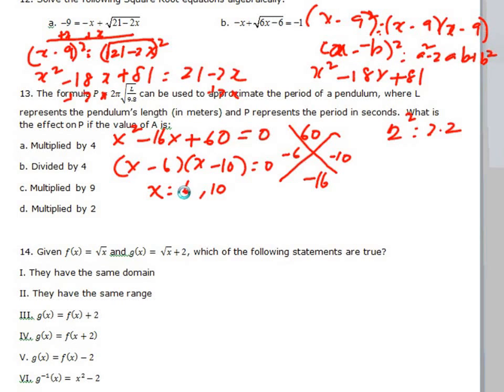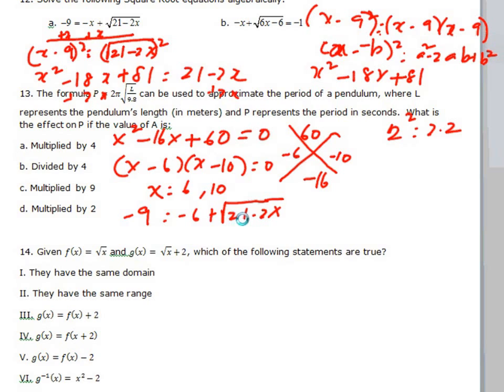So let's check if 6 goes well with the original equation. I'm writing down my original equation from the original question and I'm plugging in 6 first. So 6 times 2 is 12 and 21 minus 12 is 9.